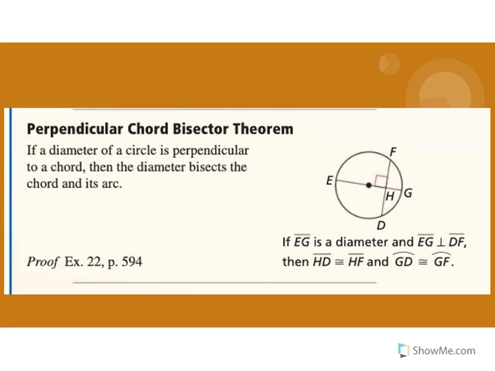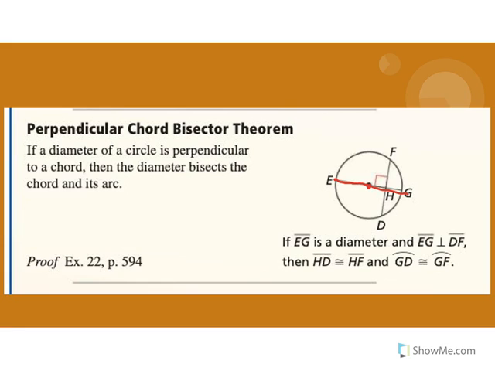Okay, next theorem. The perpendicular chord bisector theorem. It's wordy to say, but if you have the diameter, it goes through the center. Remember, the diameter is a chord that goes through the center. It's a very specific kind of chord. It splits your circle in half, so to speak.